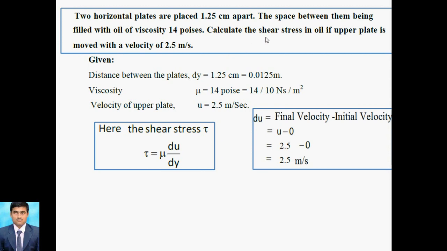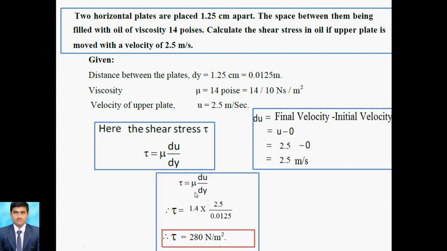So 1.4, du is 2.5, dy is 0.0125, and after calculation we get 280 Newton per meter square. This is the shear stress for two horizontal plates. Then next we will discuss another example.